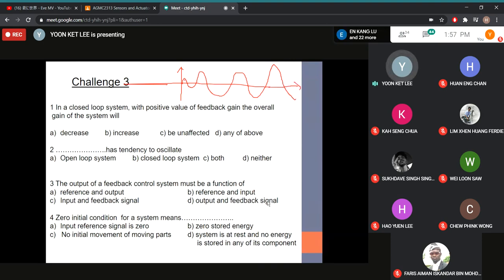That means this one we can say is out of control. Your control system can throw it into the wrong direction. That could be a possible outcome.